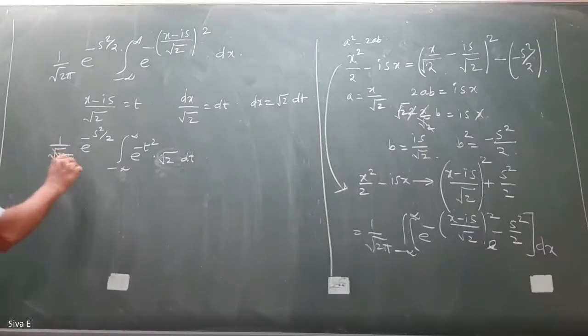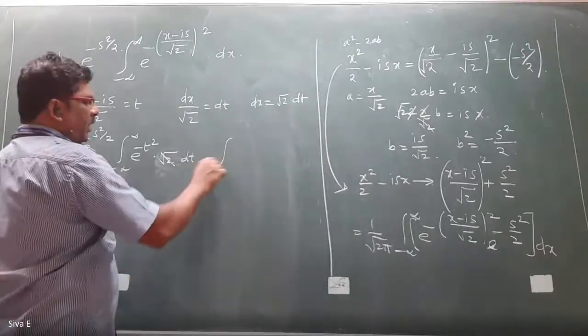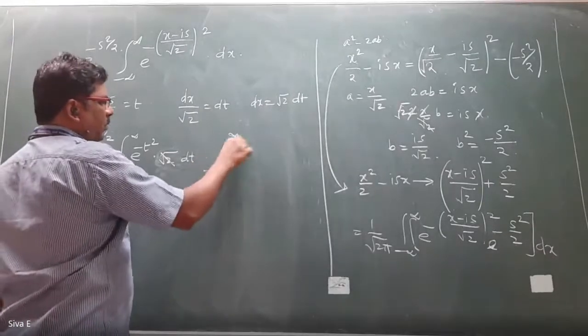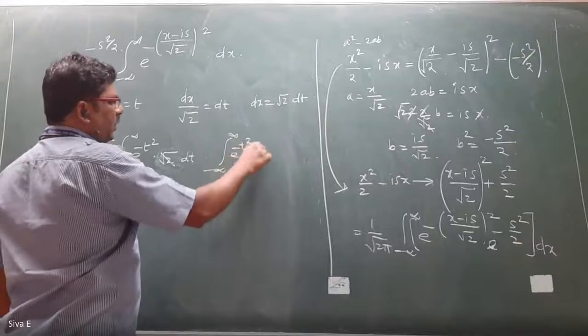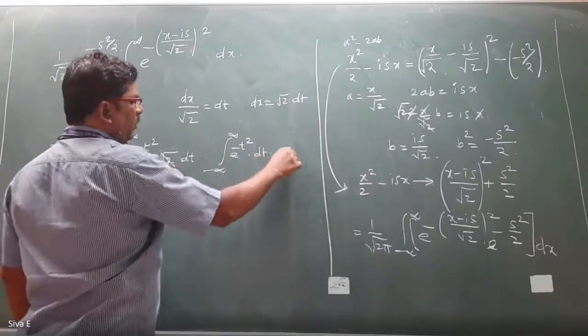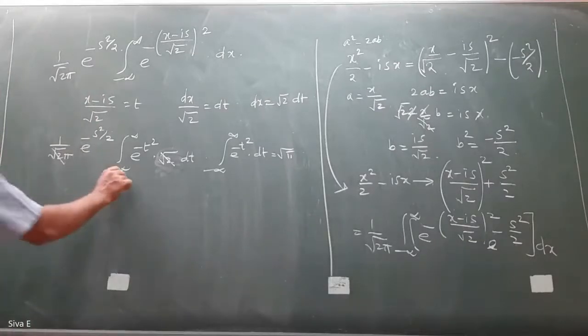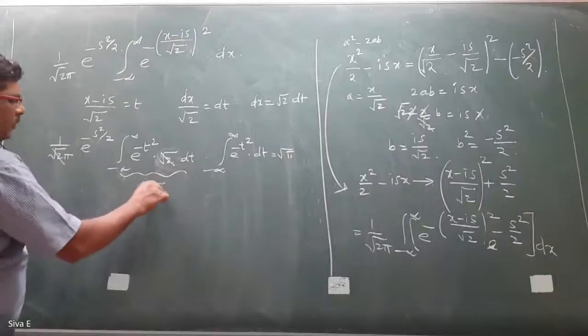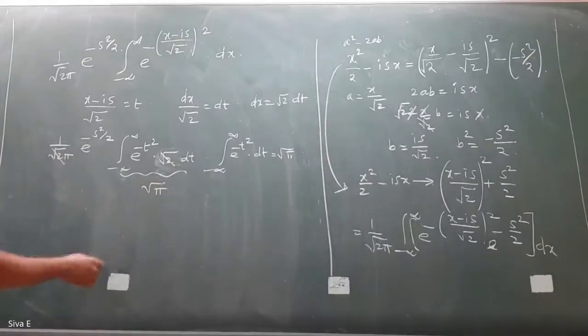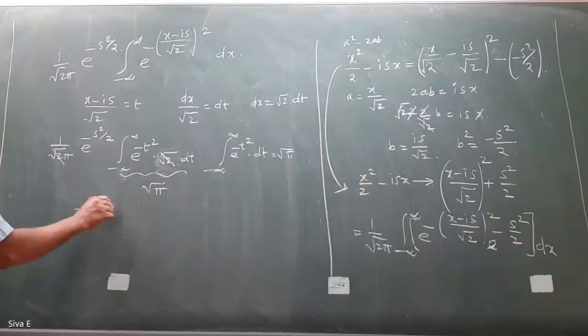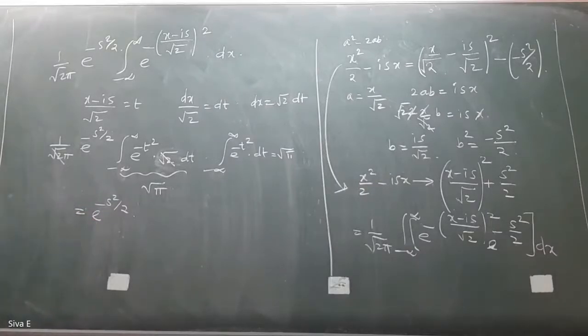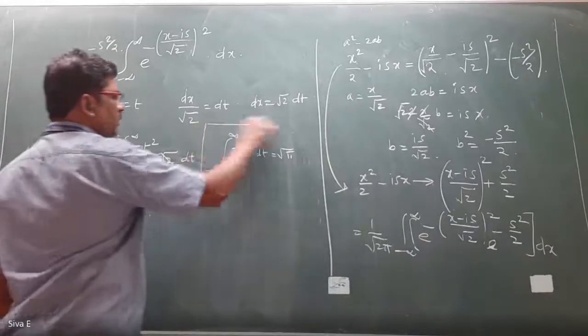Actually here root 2 gets cancelled. And one more thing, the integral from minus infinity to plus infinity of e power minus t square dt equals root pi. That is a standard result. This root pi gets cancelled, so finally we get only e power minus s square by 2. This is one important result.